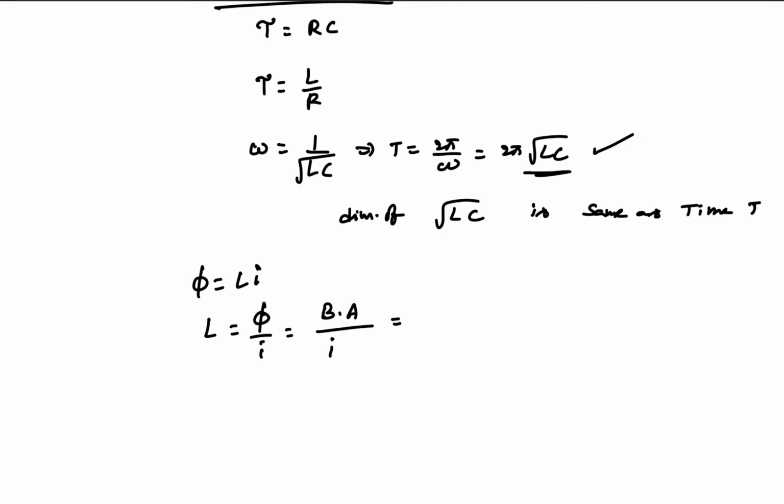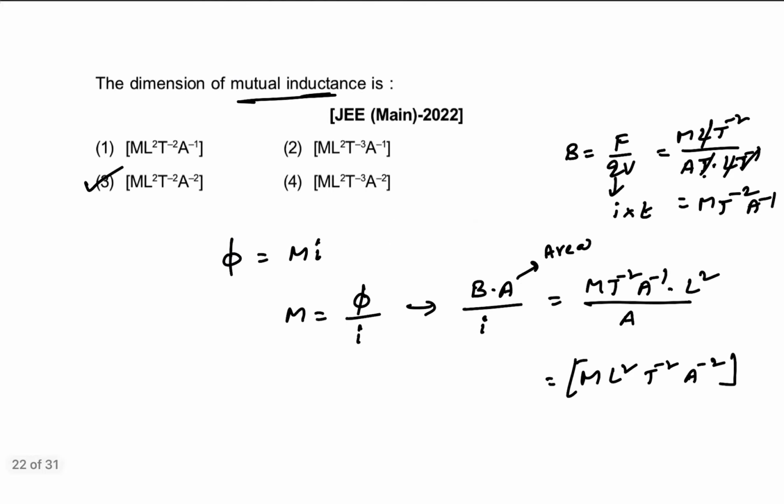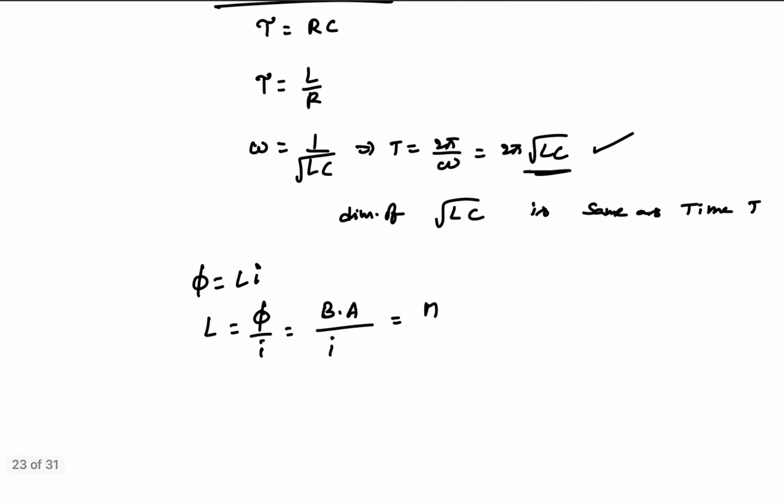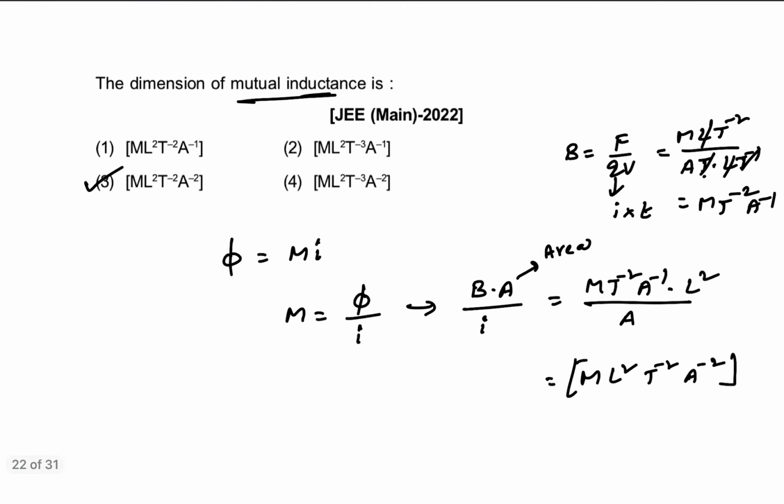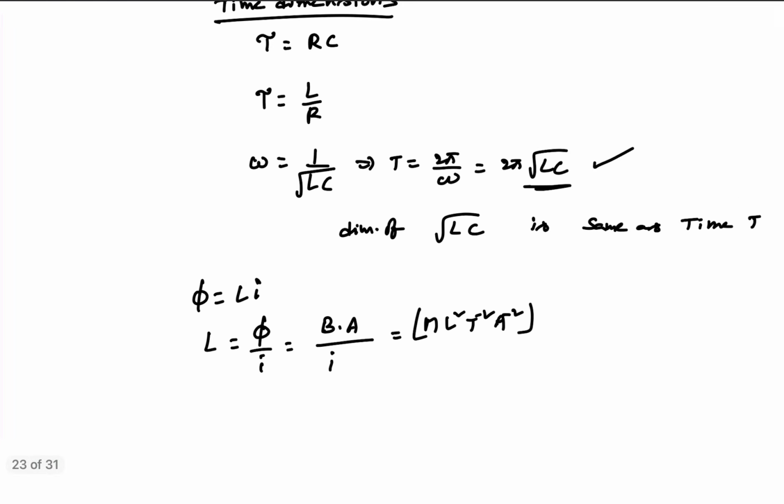Mutual inductance is ML squared T power minus 2 A power minus 2, and in the same manner we get it here. You can also try that in the exam.